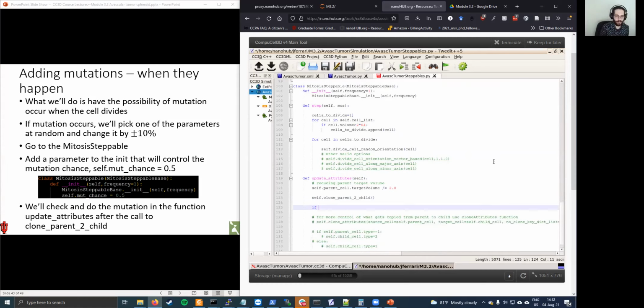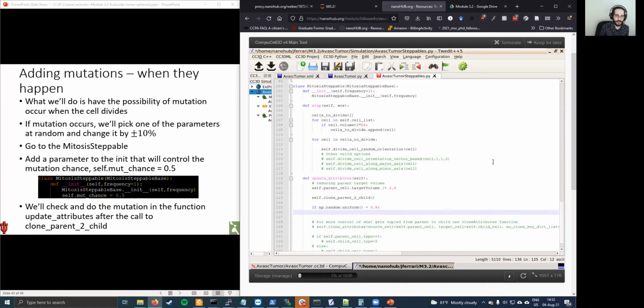So if numpy, that I've imported already, dot random dot uniform, because I want a uniform distribution between 0 and 1, is less than 0.9, this gives us a 90% mutation rate.